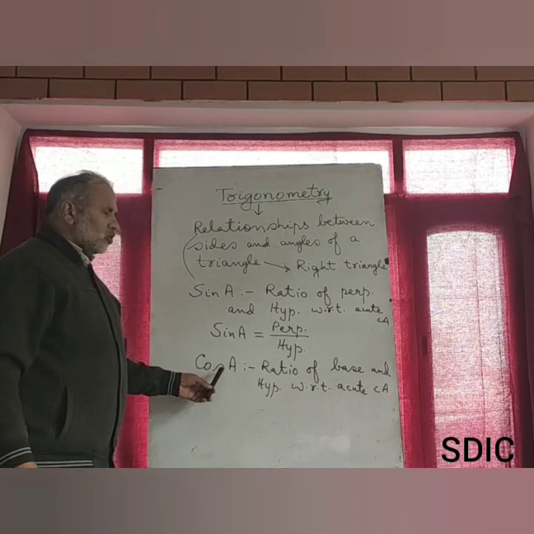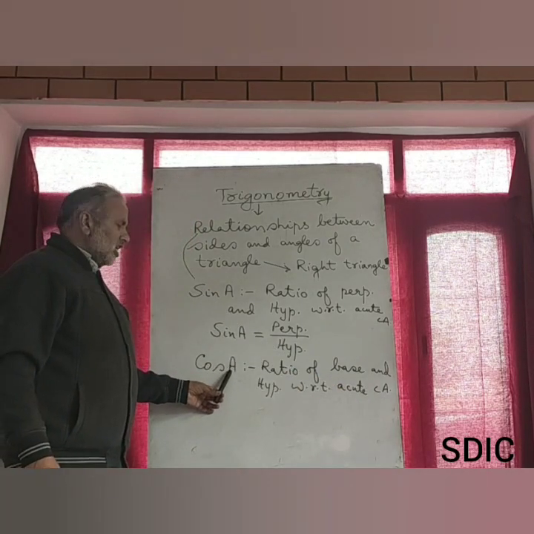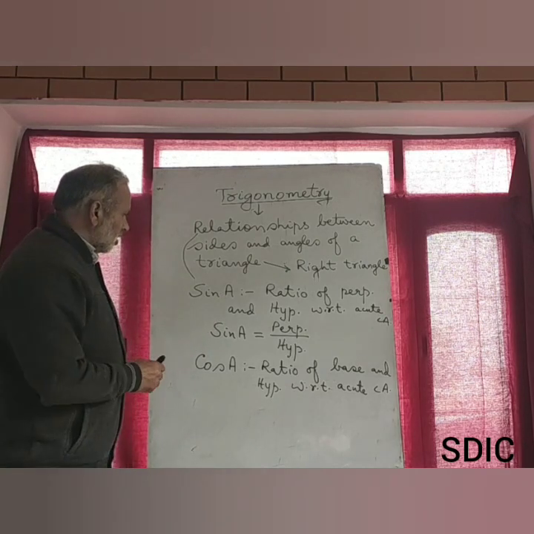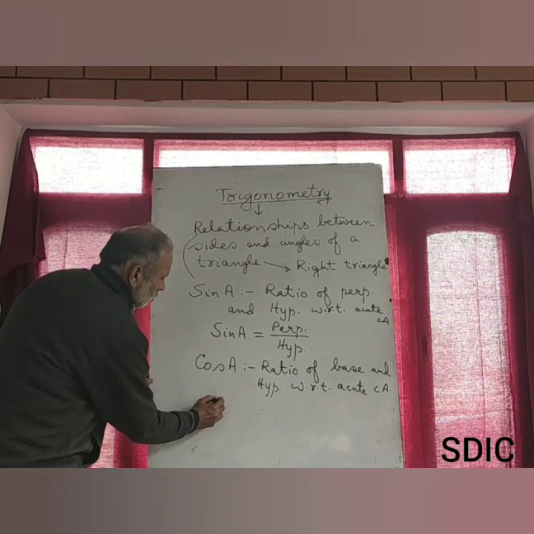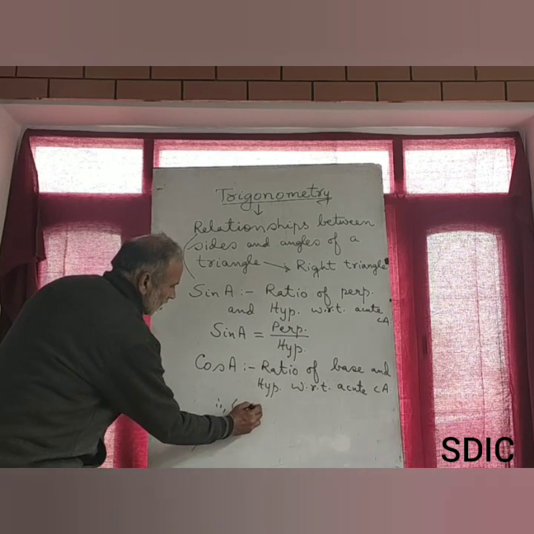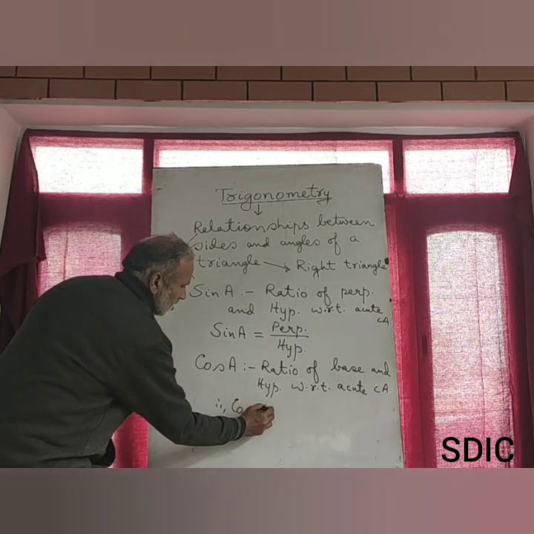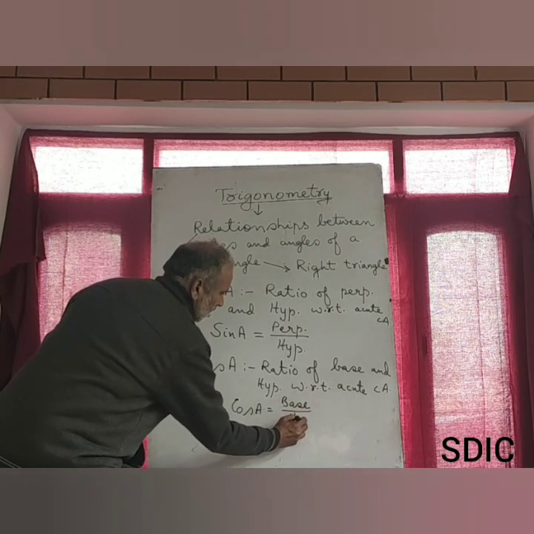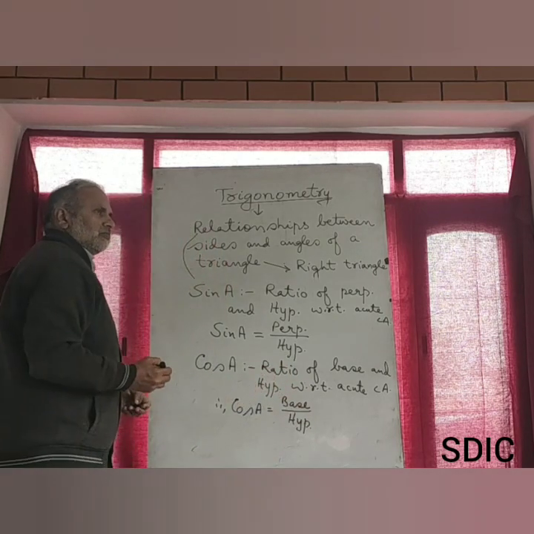Because we have associated acute angle A with the trigonometric ratio. Therefore, cos A is written as base divided by hypotenuse.